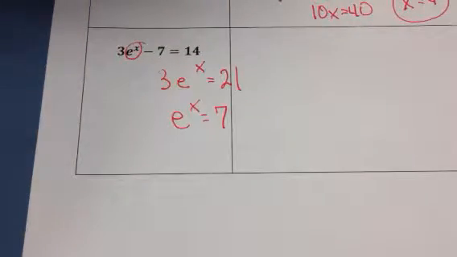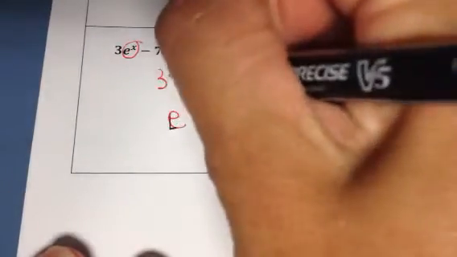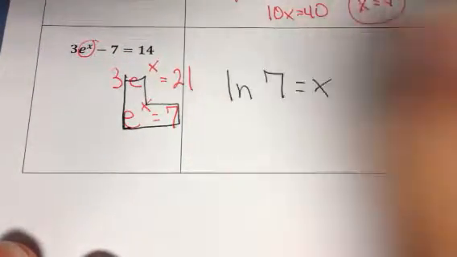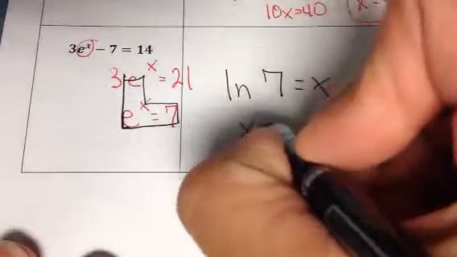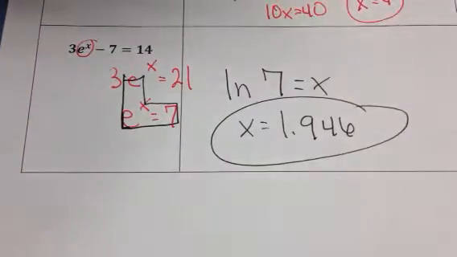And then once it was just the base and the exponent, and it's an exponent problem, we turned it into a log. Oops. So you would do log e, which is just ln, 7 equals x. And then you can go to your calculator and type in ln 7, and you get x to be 1.946.